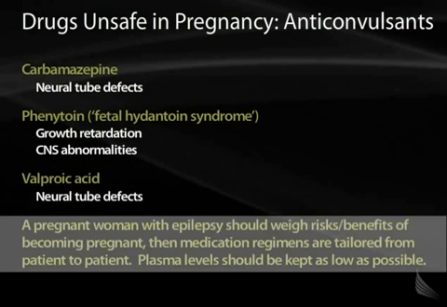In general, a pregnant woman that has epilepsy or a seizure disorder should weigh the risks and benefits of becoming pregnant. Medication regimens should be tailored to keep the plasma levels of the drug as low as possible to prevent seizures. In general, no anticonvulsants are considered safe during pregnancy. However, if they must be given, they must. Each case is taken differently.